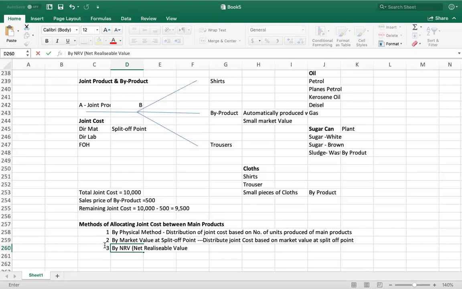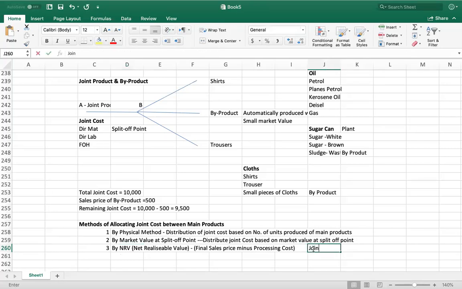Net realizable value, you know how we calculate it: final sales price minus processing cost. This is how we calculate the net realizable value. So in this method, joint cost is allocated based on NRV of the main products.